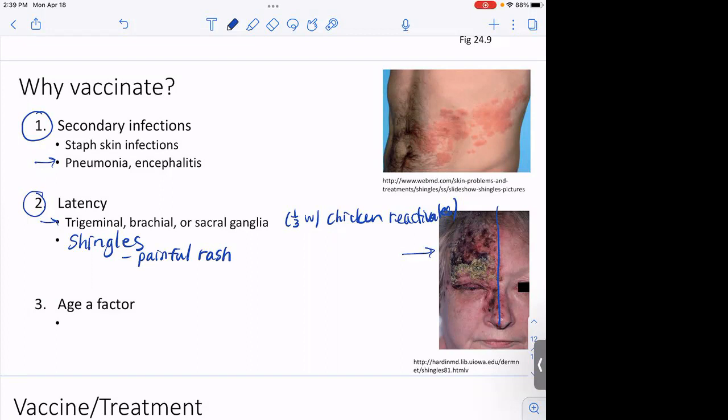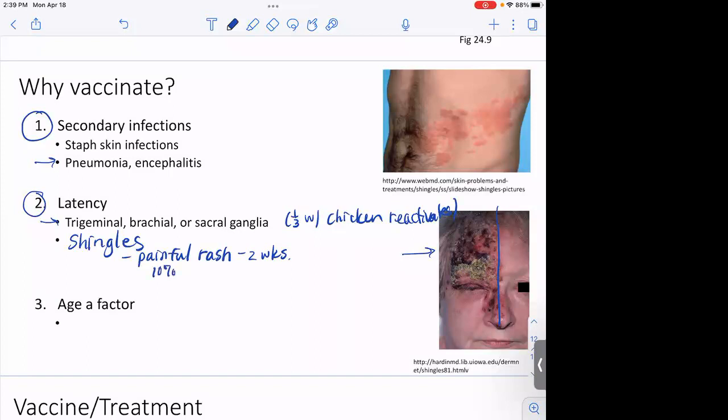This painful rash usually lasts for about 2 weeks. But in about 10% of the people that have it, it will last longer than that.